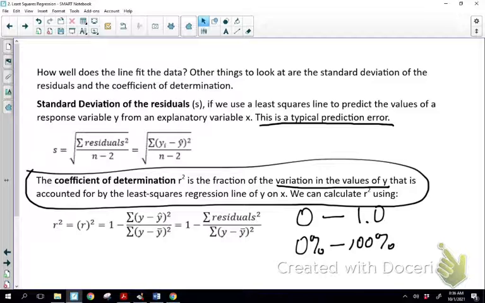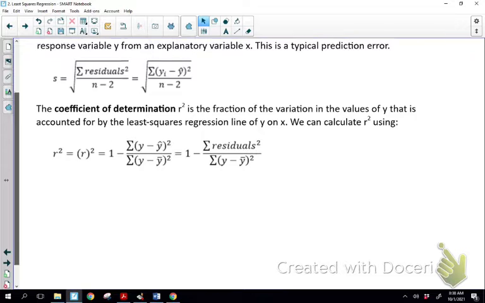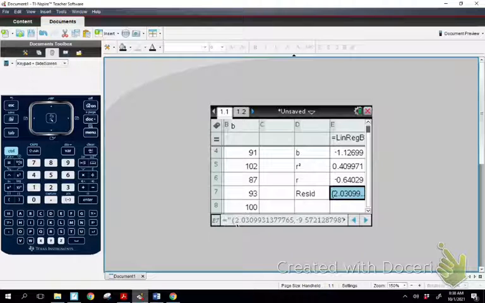All right, so in our problem, let me scroll down so we have space. We haven't talked about R squared, and we had an R squared of 0.4700. And if you don't remember that, it was right here.